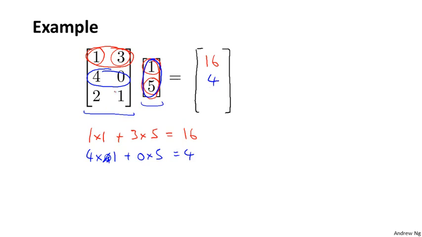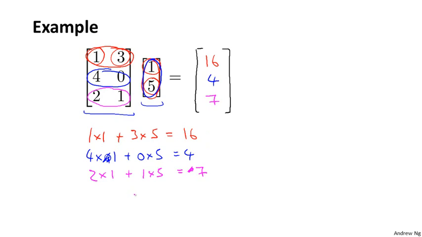And finally, for the last one, I have 2, 1 times 1, 5. So I have 2 times 1 plus 1 times 5, which is equal to 7. And so I get a 7 over there.